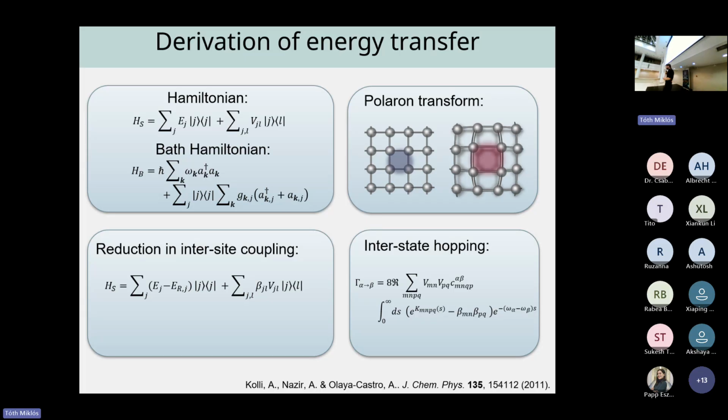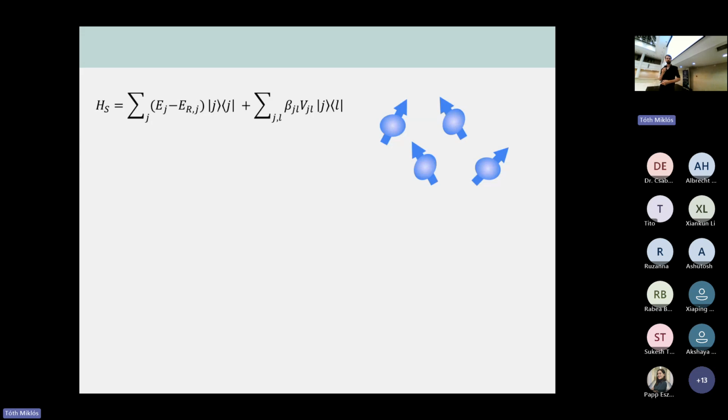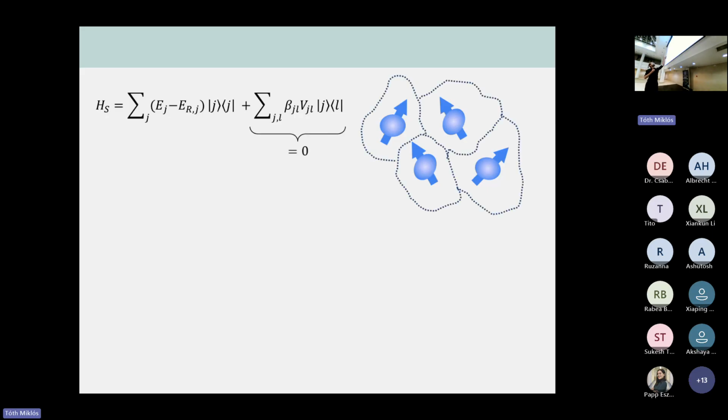And for this, I first want to go into one limit that many of you will know, which is the limit in which I assume that all of my dipoles are basically non-interacting on the level of the Hamiltonian. So this renormalization is so large that these interactions are suppressed.